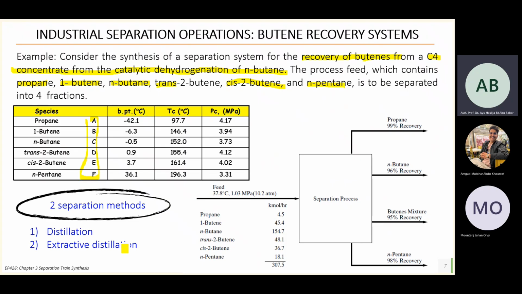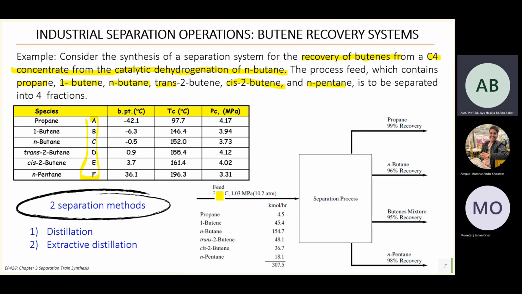In extractive distillation, you need to add something in to help extract the component. We'll go through it in detail later on. The extractive is used for those components that cannot be separated normally, that means they have very low relative volatility.